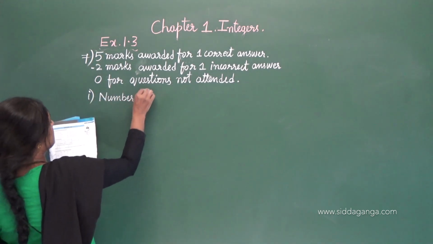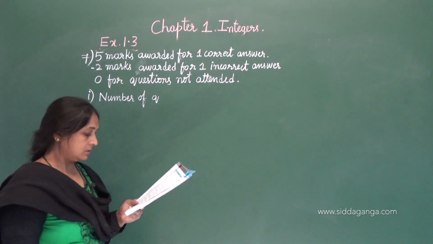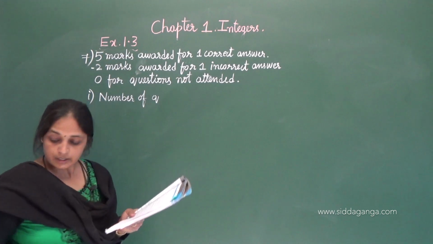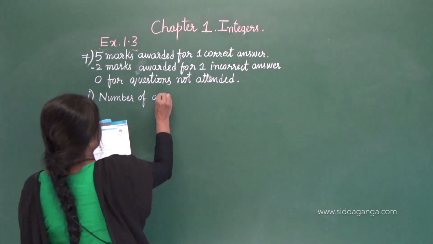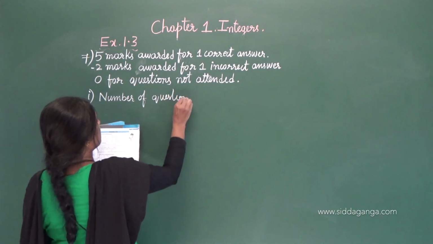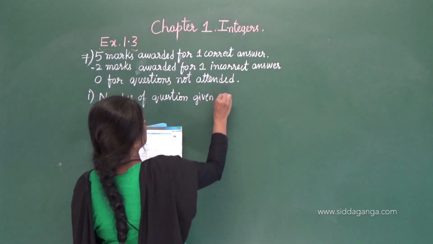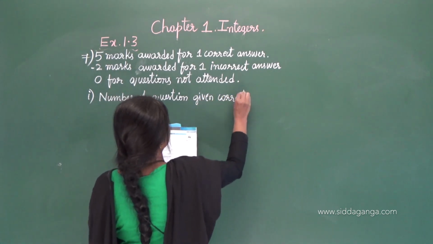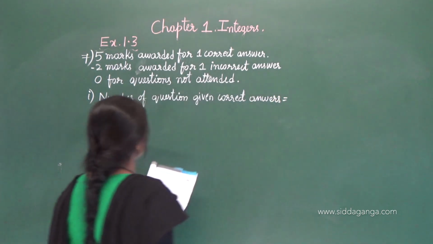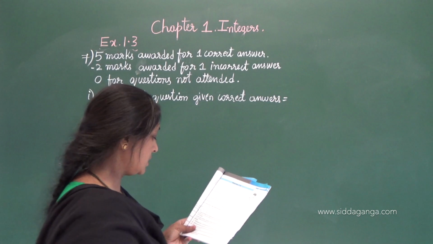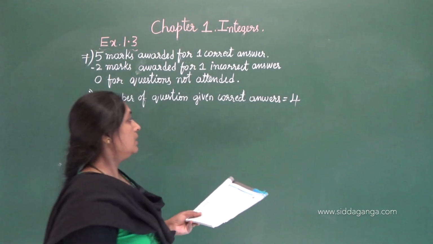Number of correct answers given, number of questions given correct answers is equal to 4.